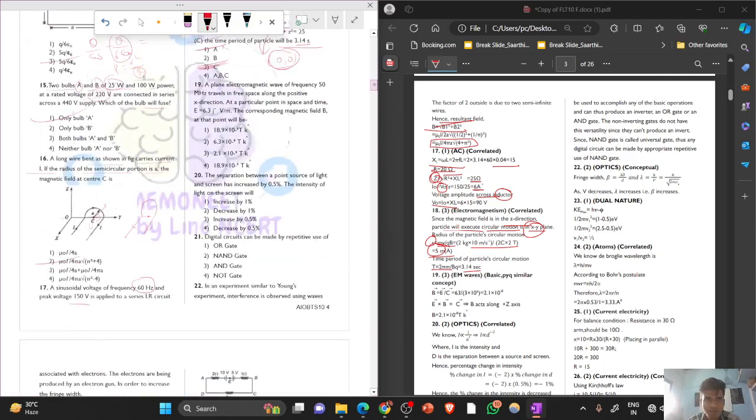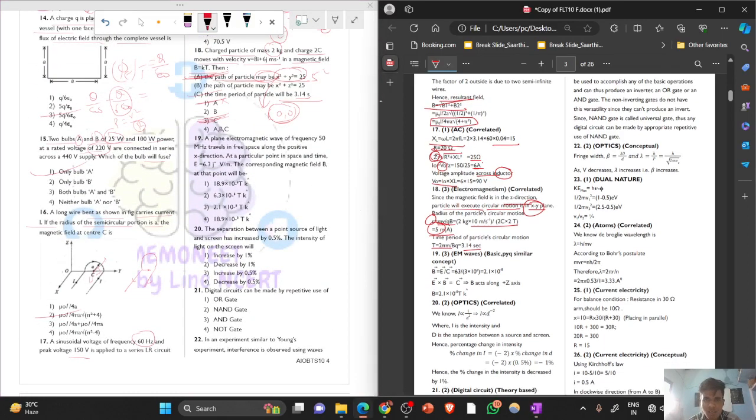Moving ahead. A plane electromagnetic wave of given frequency travels in the positive x direction. At a particular point in space, the electric field is this, find the magnetic field. You know the relation between the magnitudes of the electric field and the magnetic field, that E is equal to BC.